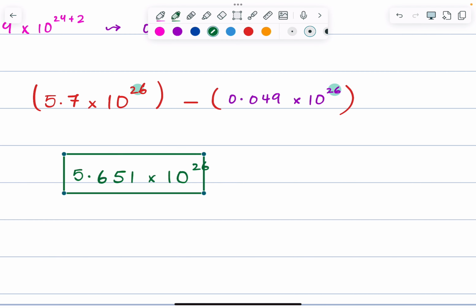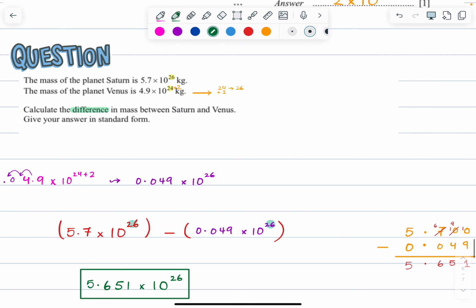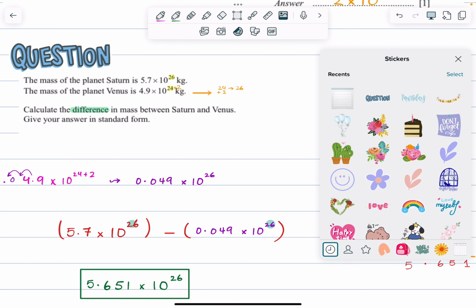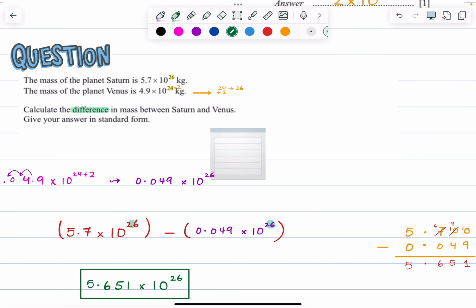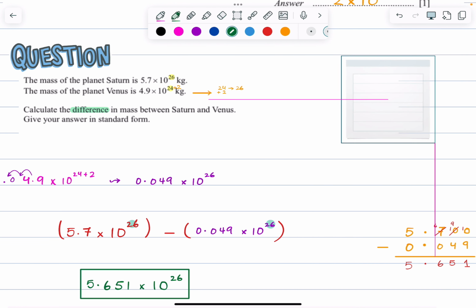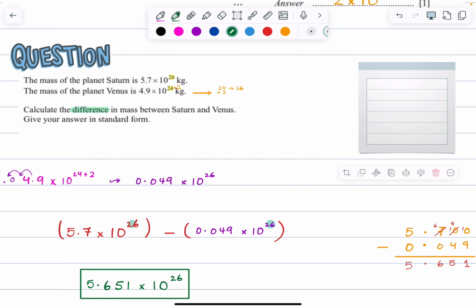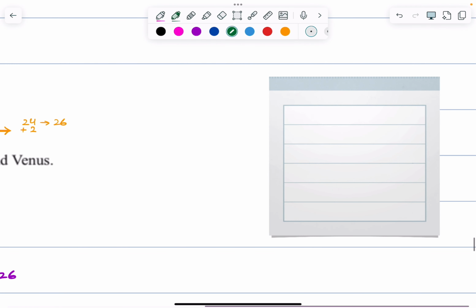Got it? So the little note that we're going to attach over here is that you need to remember that whenever you're subtracting or adding in standard form, the power of 10 needs to be the same.